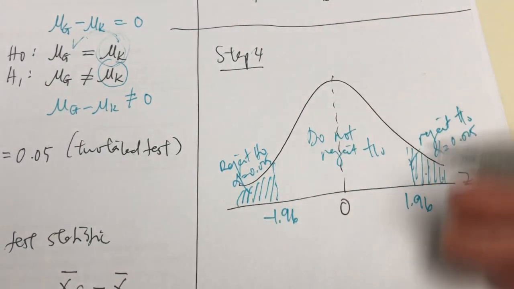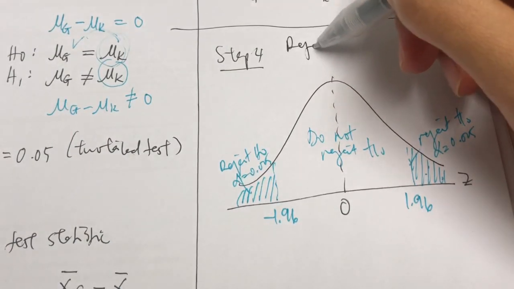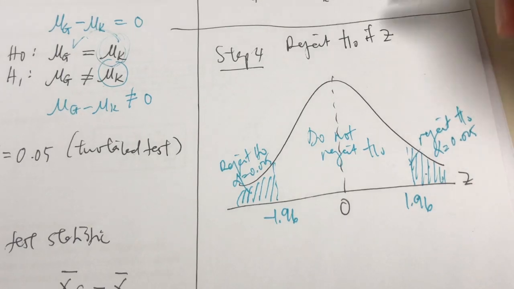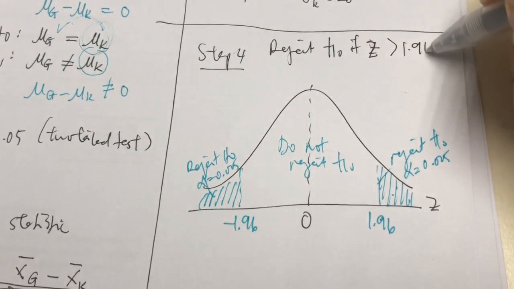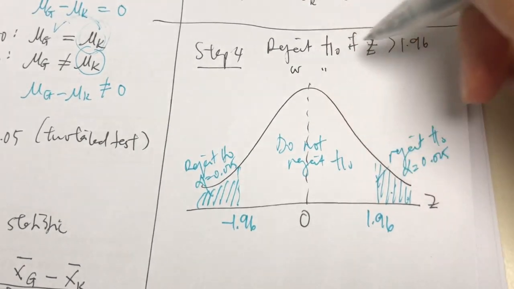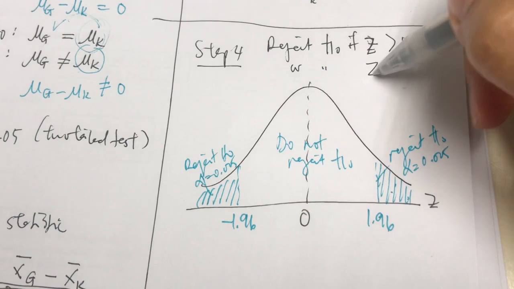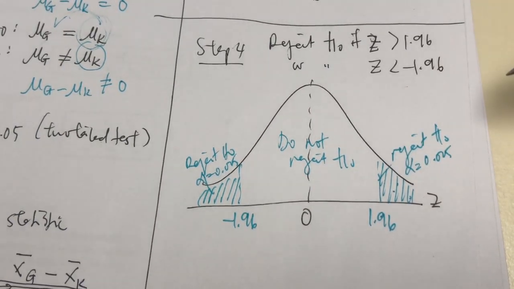It's basically we're just explaining what we drew. So here we want to reject the null if the test statistic is greater than 1.96 or if the test statistic is less than minus 1.96. So these 2 are our rejection rules.